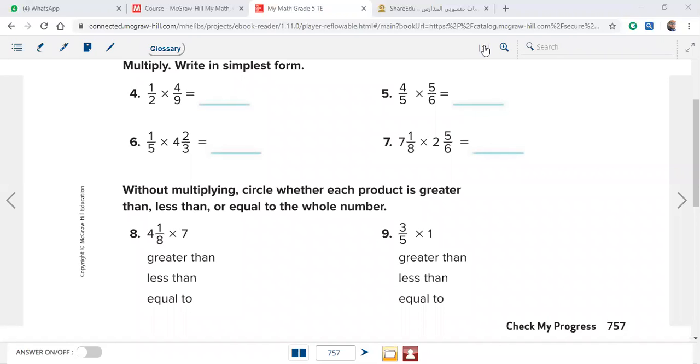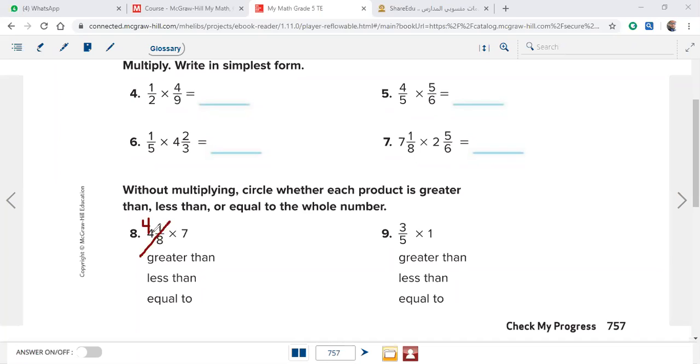So here this becomes 4, and this is still 7. 4 times 7, right? Now, is 4 less than or greater than 4 and 1 out of 8?